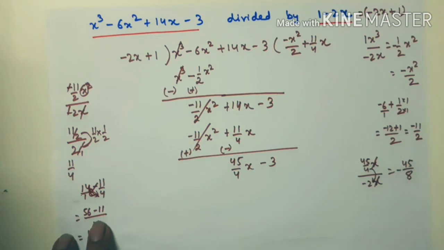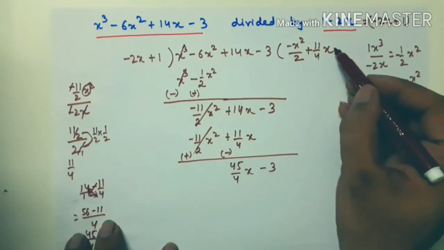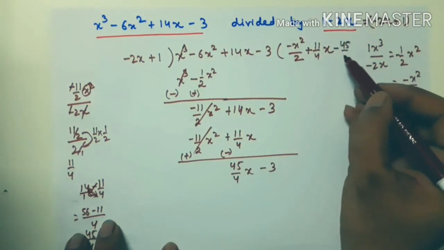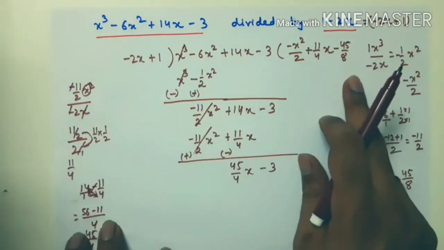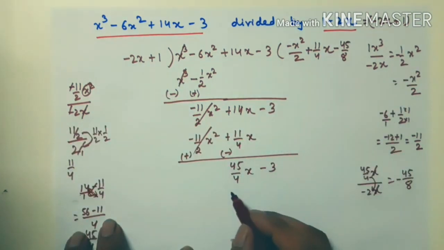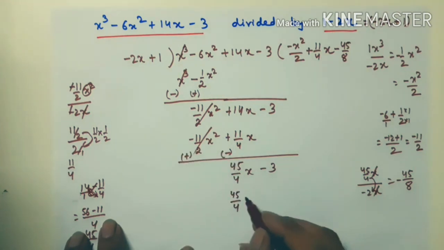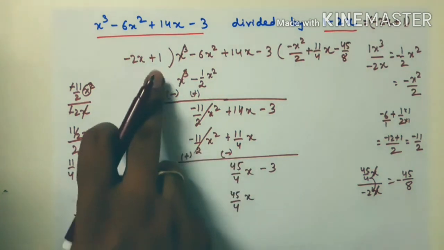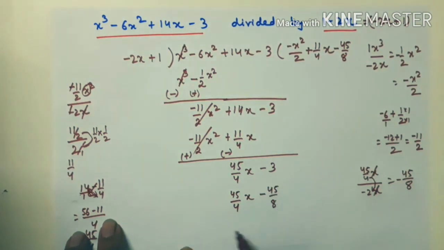And we have minus, so it is minus 45 by 8. That means you have to multiply minus 45 by 8. So minus 2 into minus 45 by 8 will give 45 by 4. x is there, so x. Next, 1 into minus 45 by 8, minus 45 by 8.